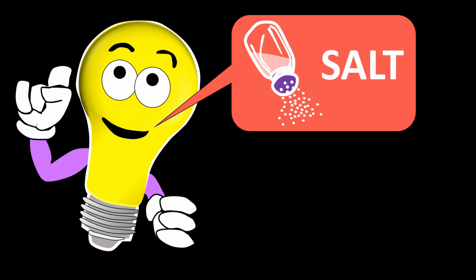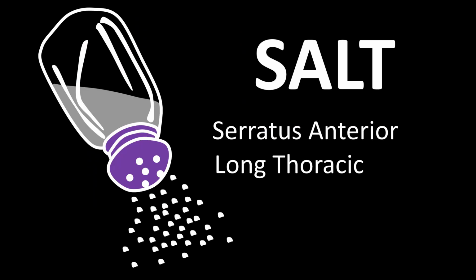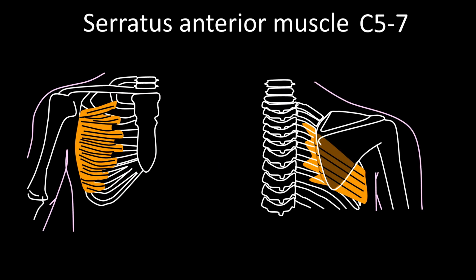I remember the muscle this nerve innervates by remembering the word salt. Each letter in salt can be used to remember the nerve's muscle correlate. The S stands for serratus, the A for anterior, the L for long, and the T for thoracic.